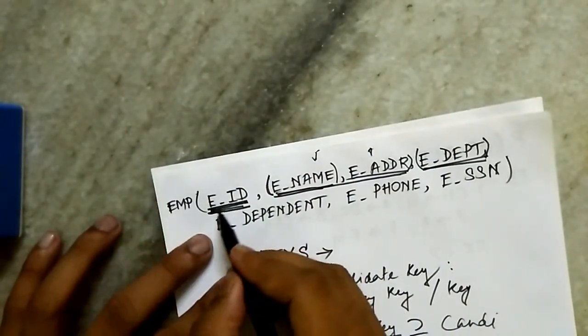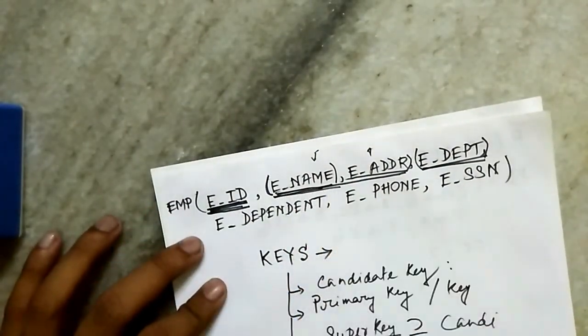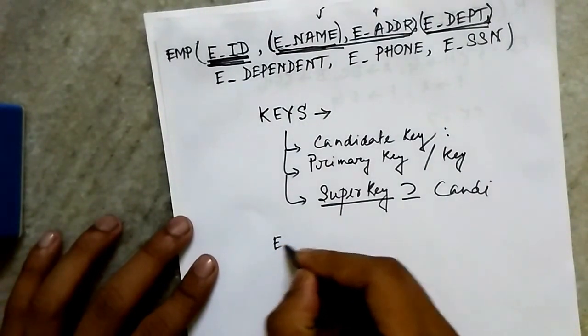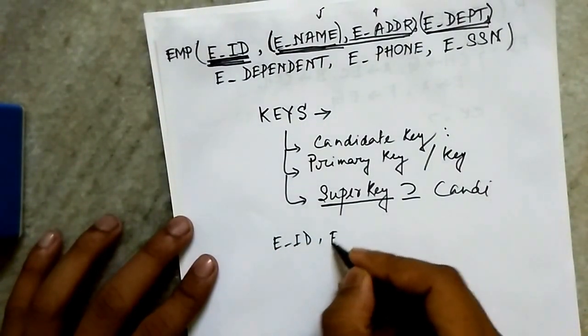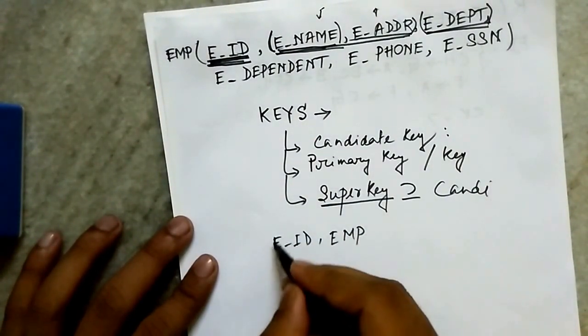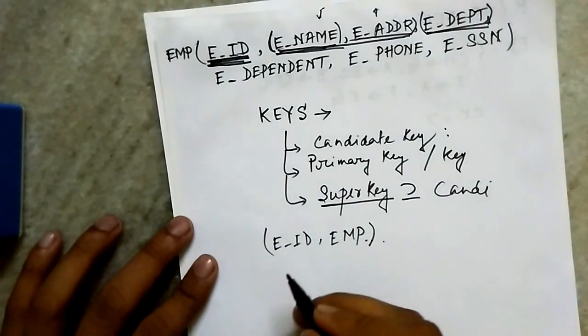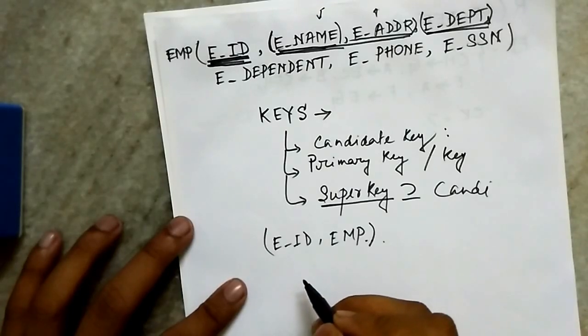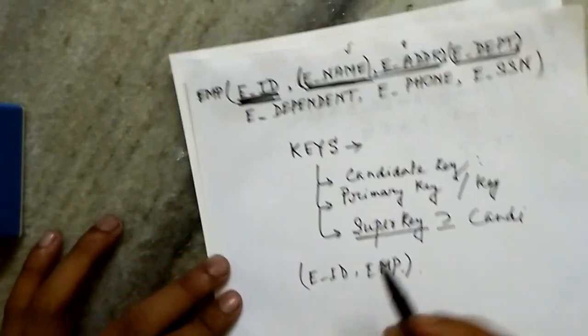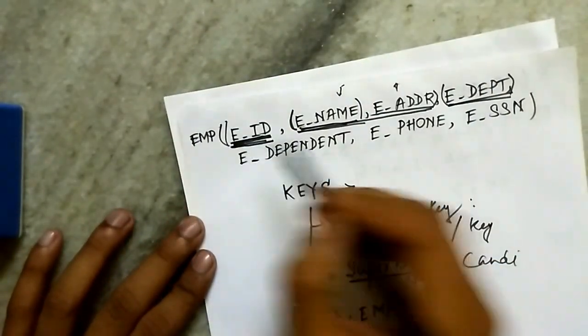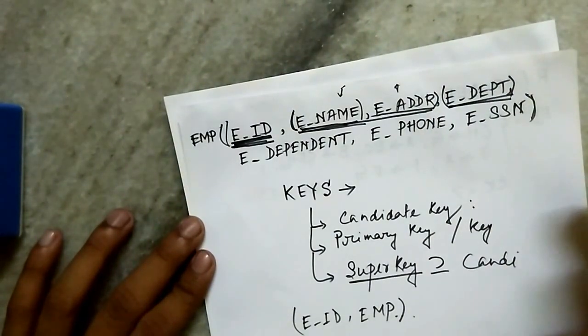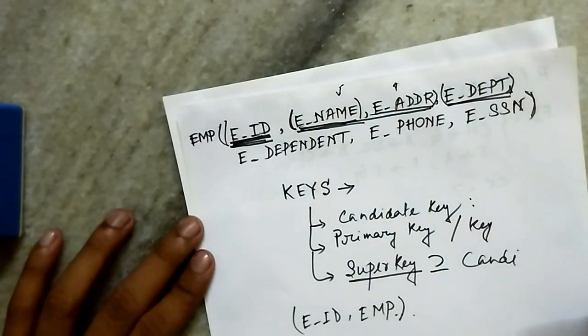Like if we combine employee ID and employee name, like employee ID plus employee name, this is a super key. Or if we consider all these attributes, it is also a super key.